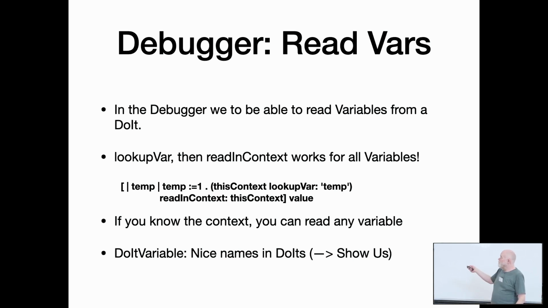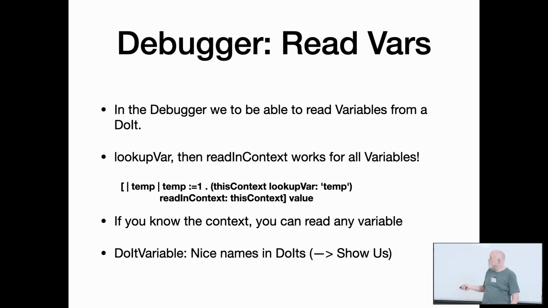So you can just look up any name, you get back a variable, and then you can call read in context, and you can read the variable, regardless of which variable it is. So every variable can read itself in the current context. Temps need the context, everyone else, so instance variables, get the object from the context and read themselves in the object, and globals, of course, just ignore the context.